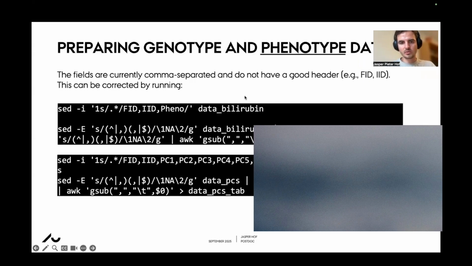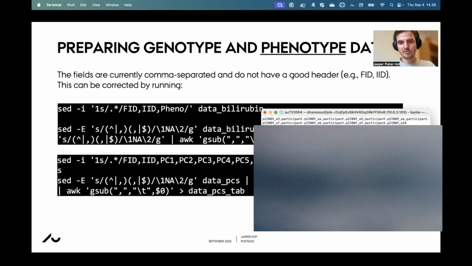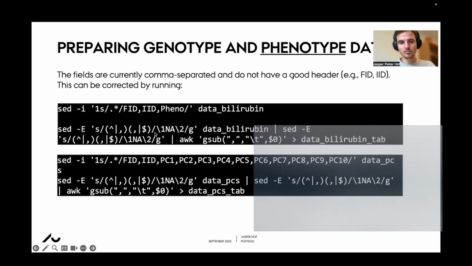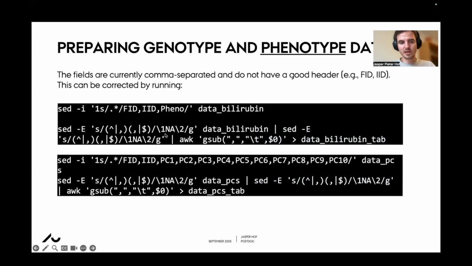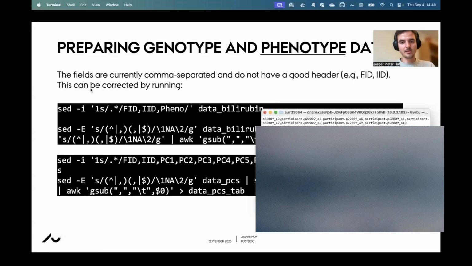So we can use the sed command to change these headers. We can also substitute these commas for tabs and substitute missing values, for example a double comma with an NA value. You could of course also do this in R, but for now we're simply going to copy in these commands to clean the data.